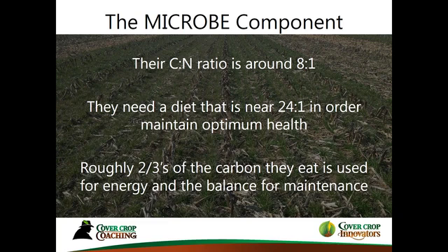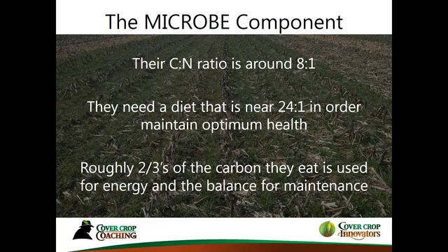So that's just something to know for background. And they need a diet that is near 24:1 in order to maintain optimum health. So this is important to know because we want to try to feed them a balanced diet so that we can maximize their existence, I guess you could say.